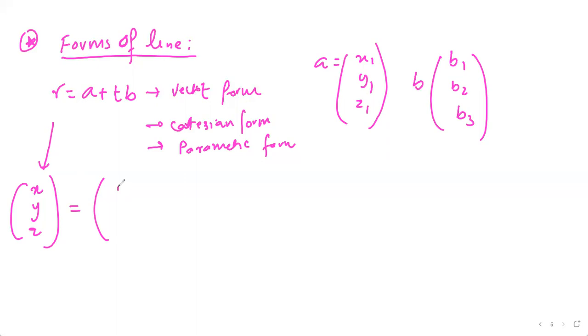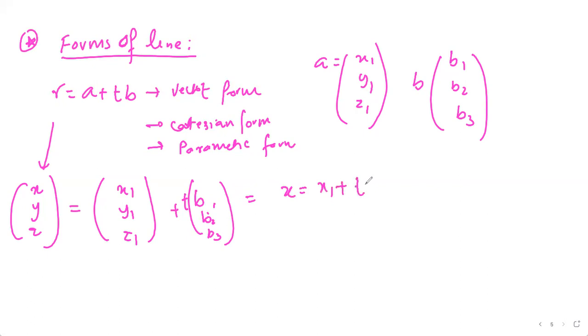I can write this equation as (x, y, z) = (x1, y1, z1) + t times (b1, b2, b3). Now by simplifying the right hand side, x will be x1 plus t times b1, y is going to be y1 plus t times b2, and z is z1 plus t times b3.